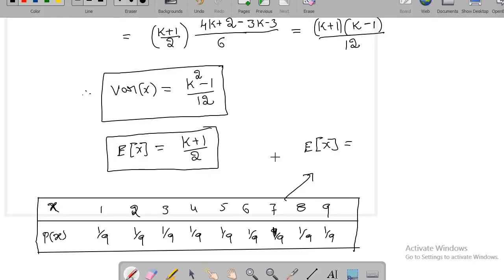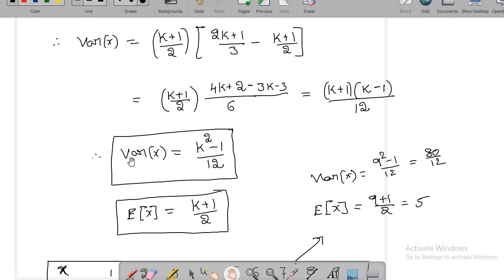Why? Because here k equals 9, so this is (9+1)/2, that is 5. Whereas if you want the variance of x, this is (9² - 1)/12, so that's (81 - 1)/12, that is 80/12. So this is how you can simply answer. You can take help of this result.